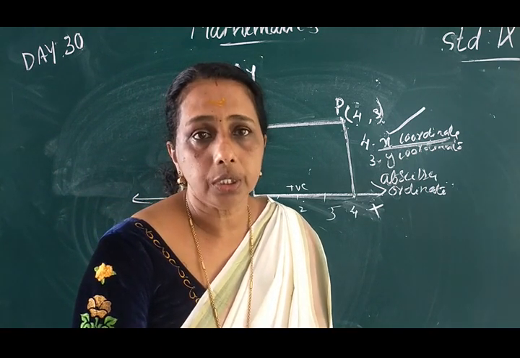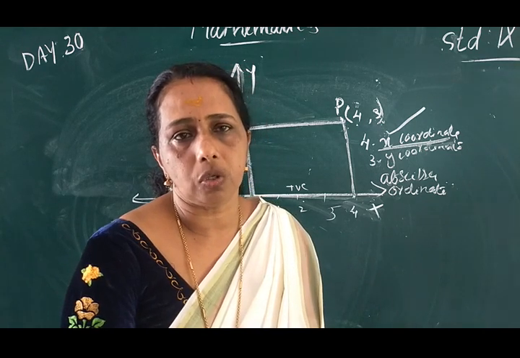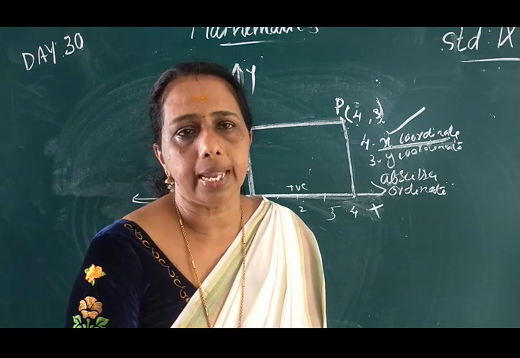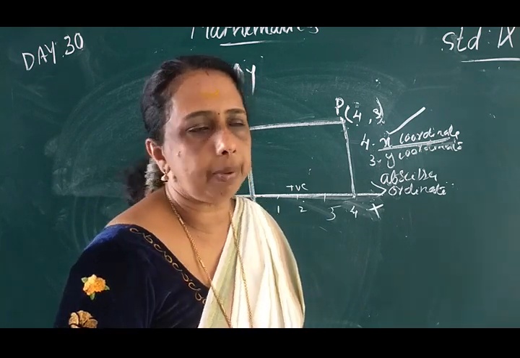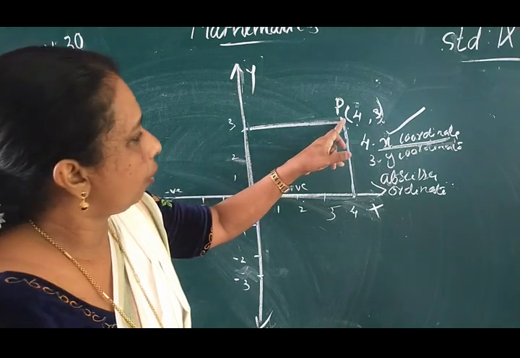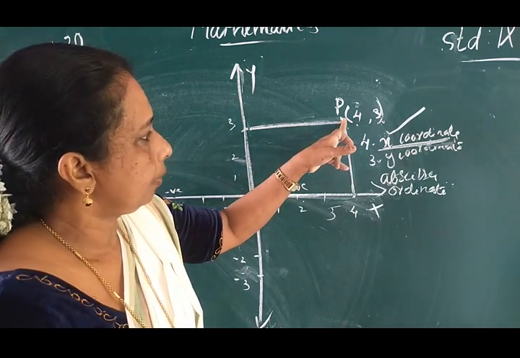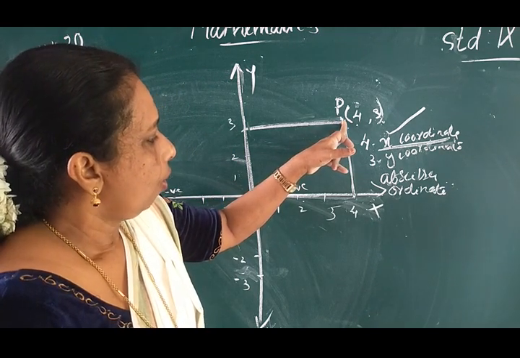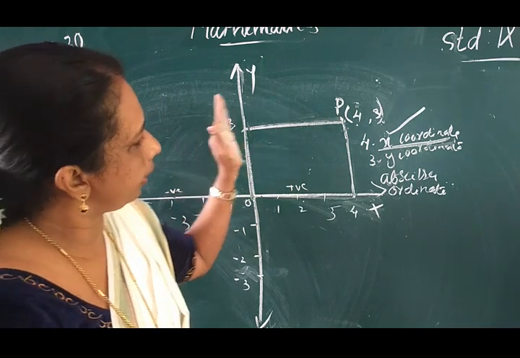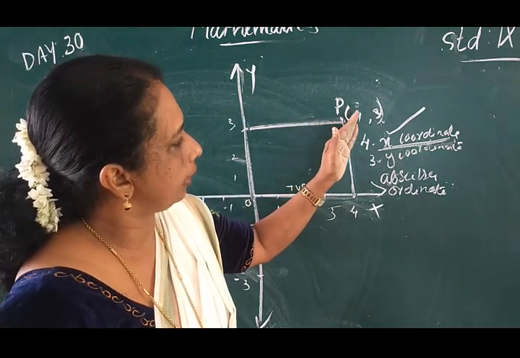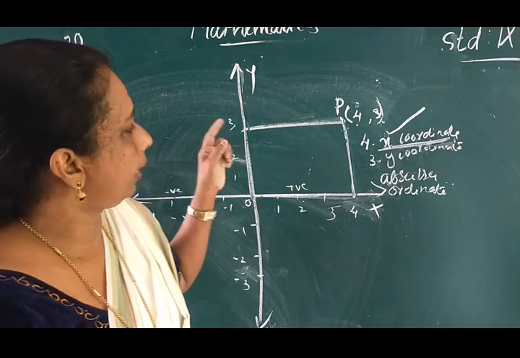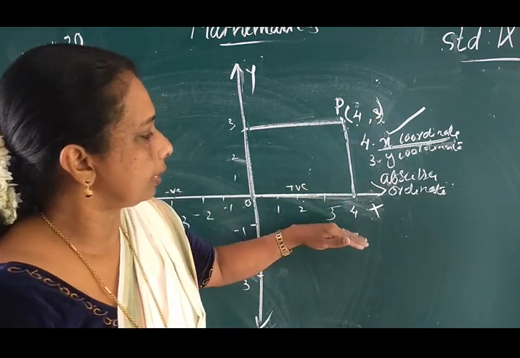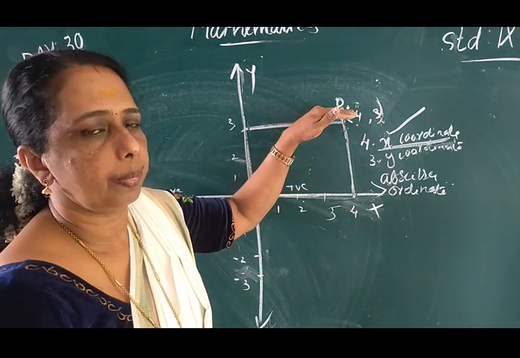In the previous class we studied how we can locate the position of a point in a plane, using two perpendicular lines, one horizontal and one vertical. Here I am taking one point, point P, which is 4 units away from the y-axis. That is the x coordinate. The x coordinate is the perpendicular distance from the y-axis, and the y coordinate is the perpendicular distance from the x-axis.